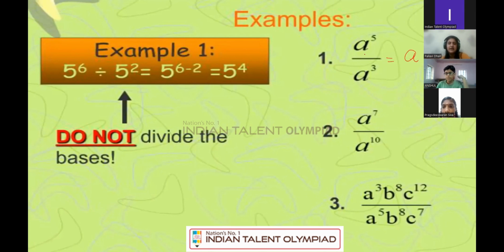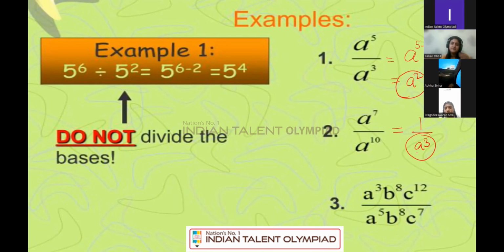Here we are dividing the expressions and the bases are the same. So we are going to subtract the exponents here. 5 minus 3 is equal to a2, right? A square. Advika, can you please tell me the answer for the second one here? 1 by a cube. Okay, very good.